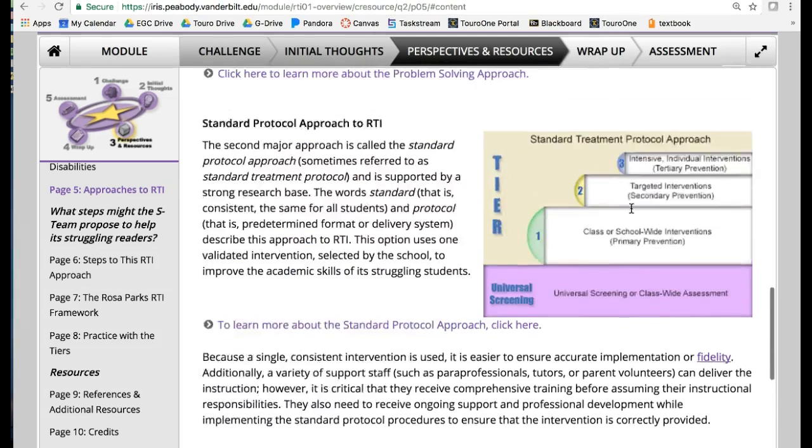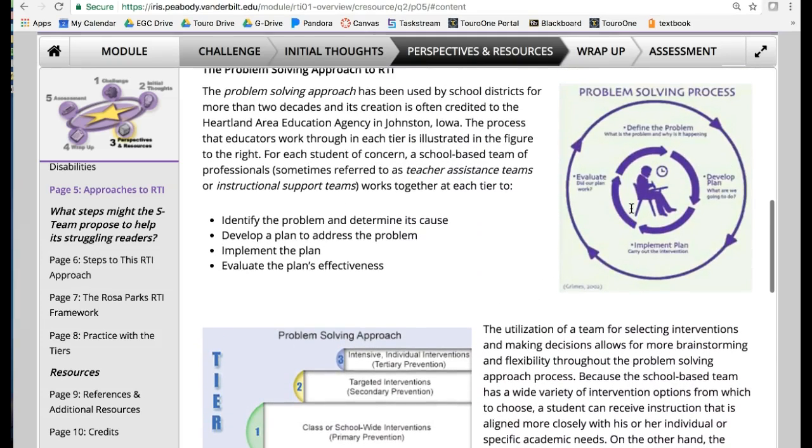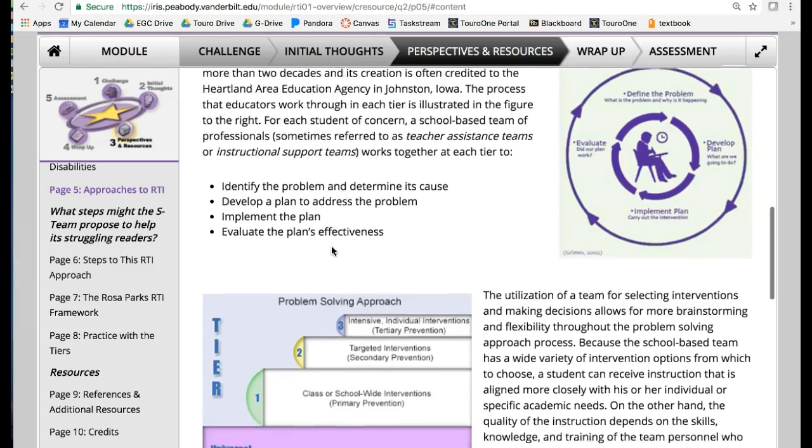With the problem solving, there's a lot of room for the teacher to possibly make some adaptations or alter something around the plan, which then in turn helps the student or actually hurts the student in achieving.